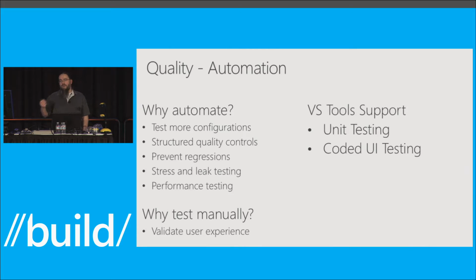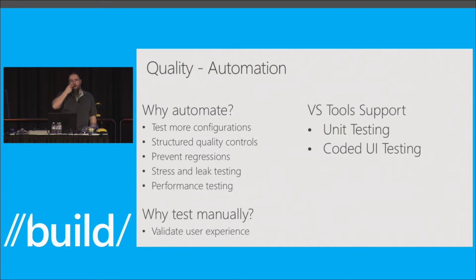In the past we had some unit test support, which was kind of basic, but now we also have coded UI testing support across both Windows and Windows Phone, and I will show that in just a second. With your investments in automation, you can test more configurations in less time. You can test more frequently. You can catch regressions earlier, and so on.